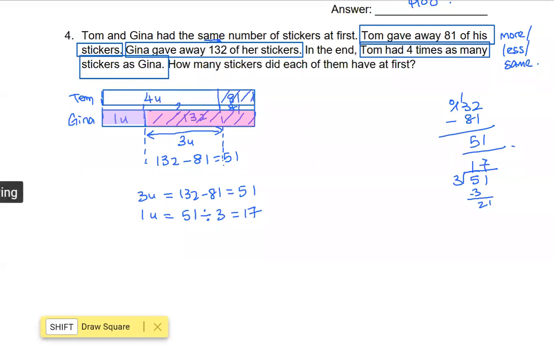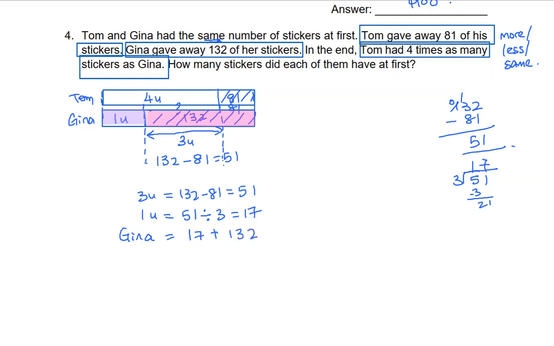So let's find Gina. Gina has 1 unit, which is 17, plus the 132 stickers. That gives me 149 stickers. And if Gina has 149, which means Tom will also have 149, because they have the same number of stickers at first.